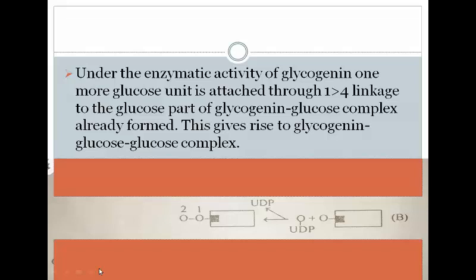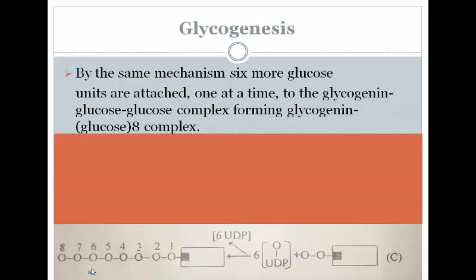So the glucose moiety comes and attaches, forming 1,4-glycosidic linkage. By the same mechanism, 6 more glucose units are attached, one at a time, and thus form a glycogenin-glucose complex which now contains 8 glucose moieties, and 6 more UDP are released, because one UDP glucose will release one UDP and attach with the previously attached glucose moiety.